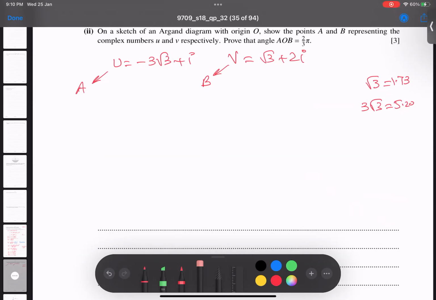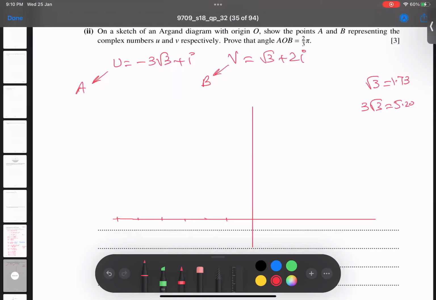As a teacher I suggest, whenever you do this kind of question, first make a rough sketch and then make an accurate one. Root 3 is 1.73, 3 root 3 is 5 point something, so 1, 2, 3, 4, 5, and 6.